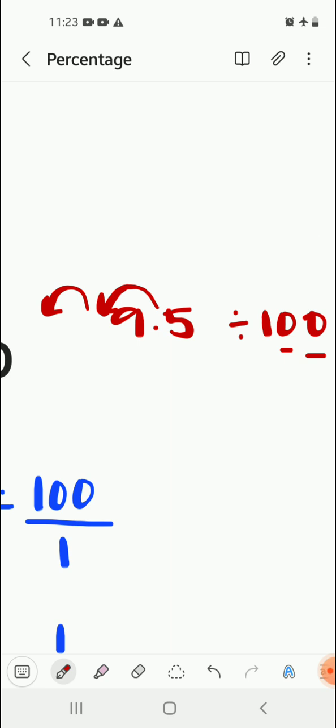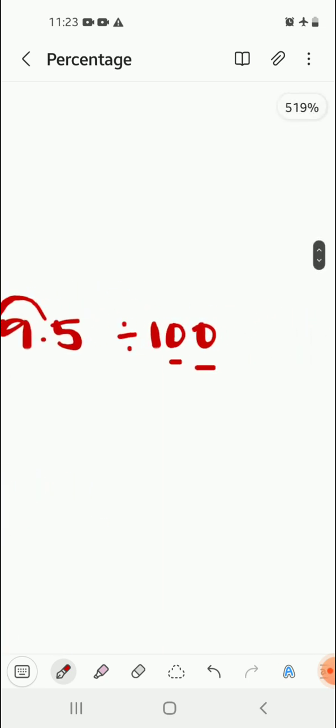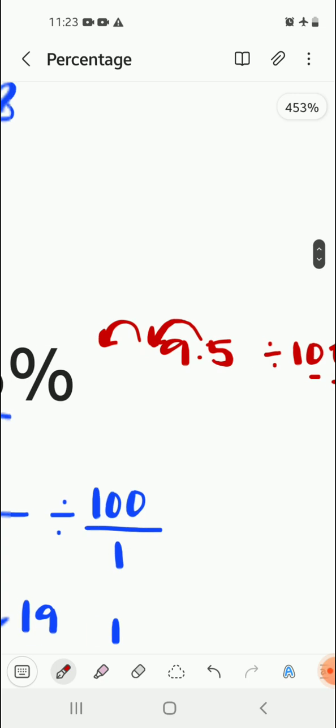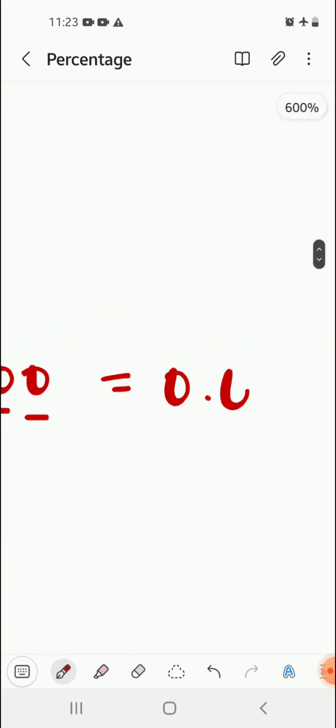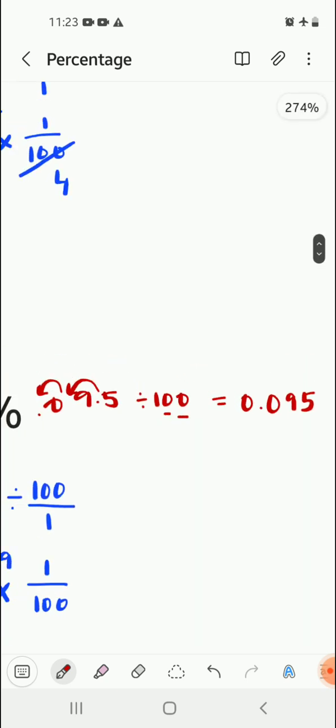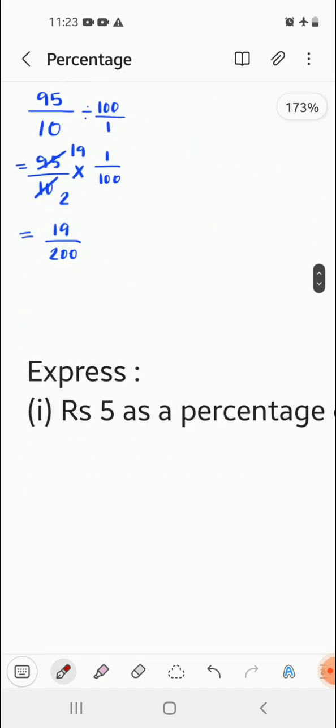In the previous case we were multiplying. So twice it will get shifted, which means there should be 0.095. So the answer that we get is 0.095, if we were just asked to find the equivalent decimal of the given number.